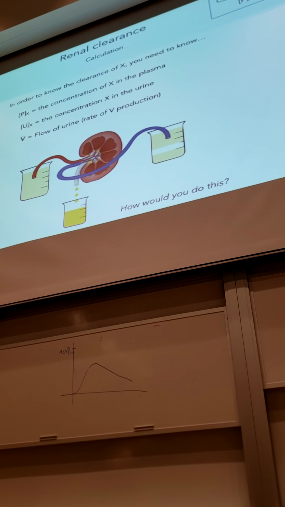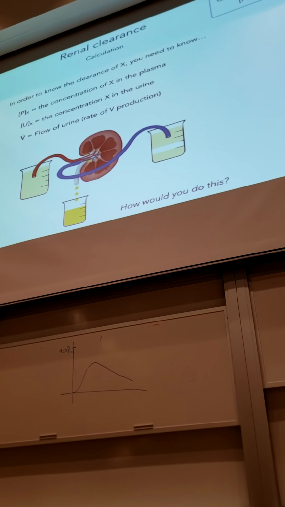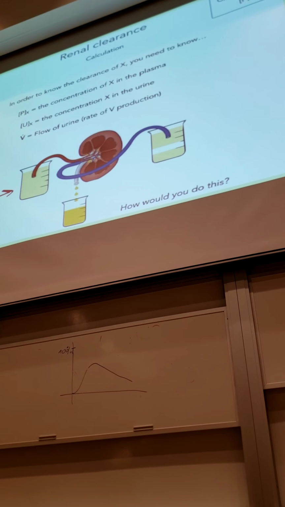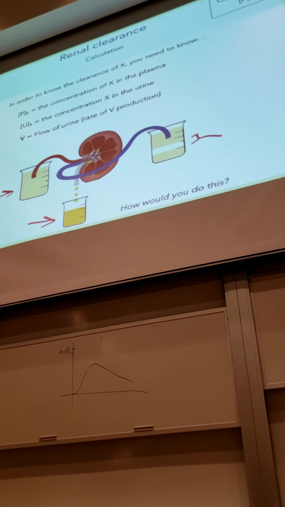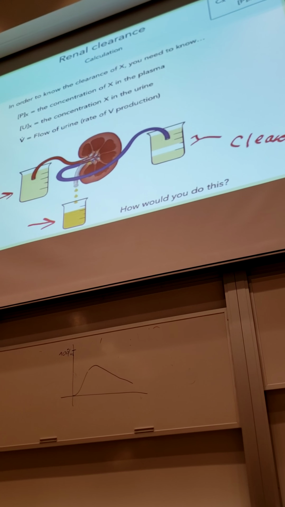But we've got to know how much is in the plasma to begin with, and we have to know how much we're getting rid of. So just to illustrate this, if we know what's in here and we know what's coming out here, we can determine what we've cleared over here. Conceptually, do you have any questions?